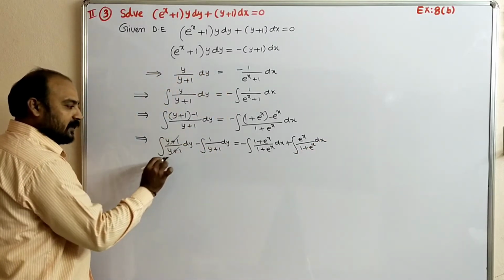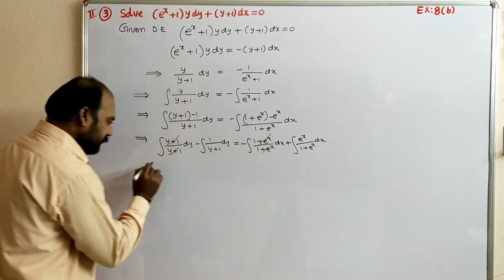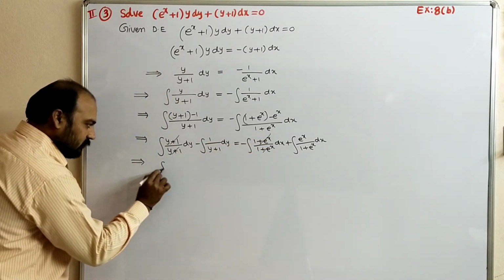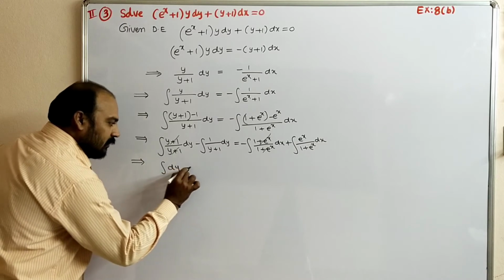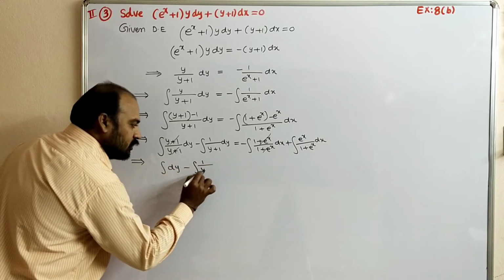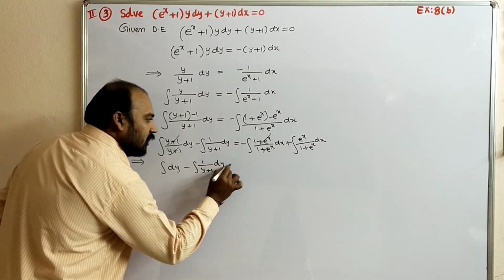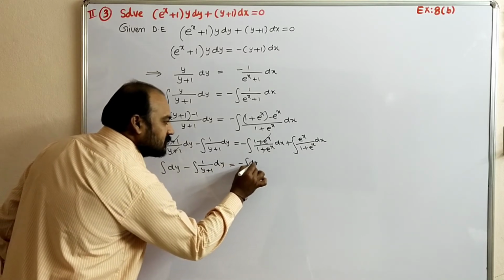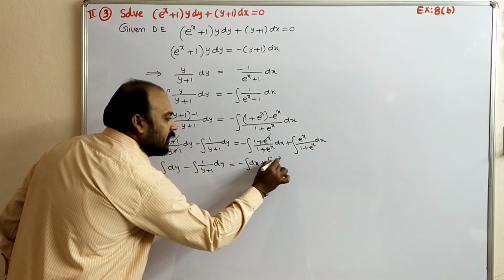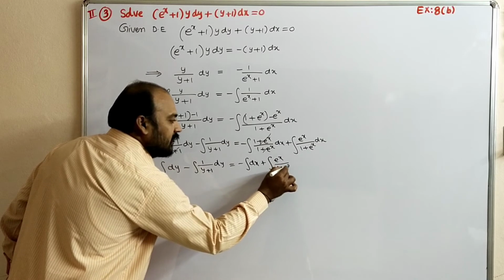So these two will be cancelled. Integral dy minus integral 1 by y plus 1 into dy equal to minus integral dx plus integral e power x divided by 1 plus e power x into dx.